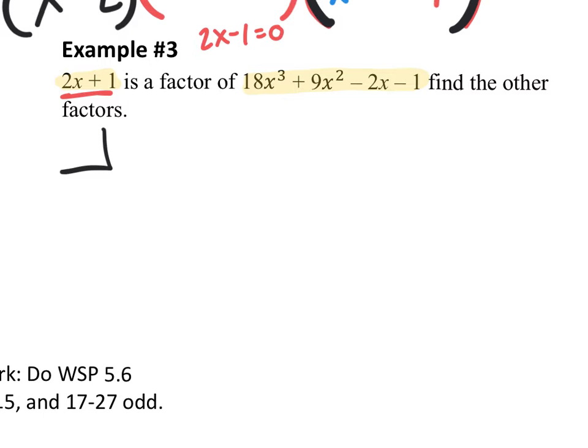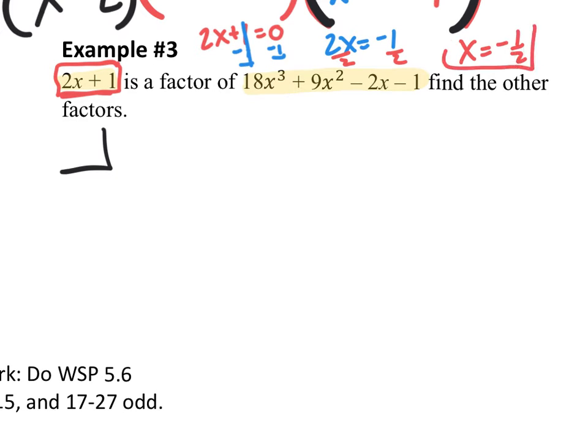Oh wait, I said 2x minus 1 instead of plus 1, I'm sorry. 2x plus 1, set that equal to 0, solve it, subtract 1 from both sides. That'll give us 2x equaling -1, divide both sides by 2, and we will get x equals -1/2.